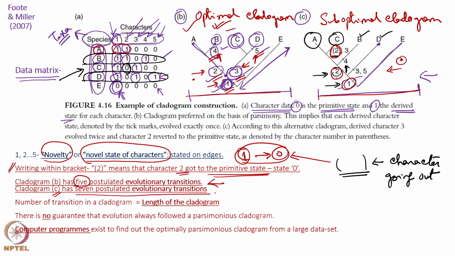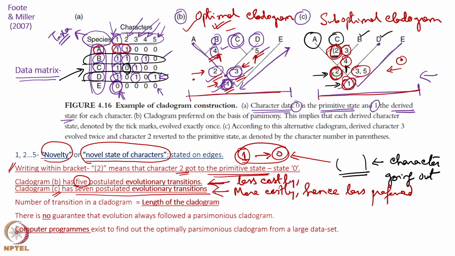What are they? Let us count 1, 2, 3, 4, 5 and 6, and then this within bracket 2 is also counted. So, there are 7 postulated evolutionary transitions. So, this is more costly, hence less preferred, and this one is less costly and therefore, it is preferred.